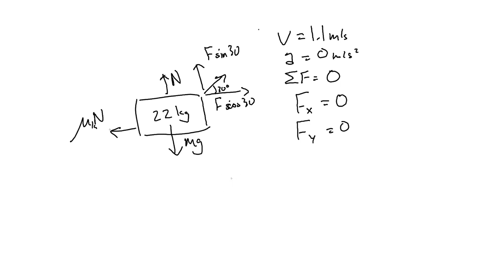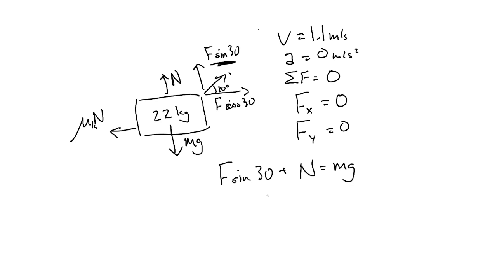So let's first find the net force of the y. We have our gravitational force, we have our normal force, and this is something that really trips people up a lot of the time. We have this F sine 30 as well. So our F sine 30 plus our normal force is going to be equal to our gravitational force, because remember that these are in two components.